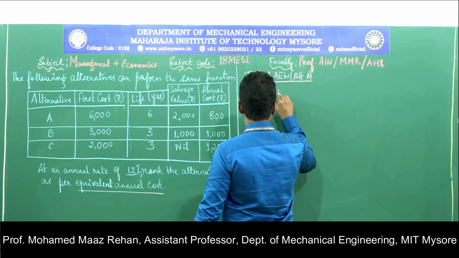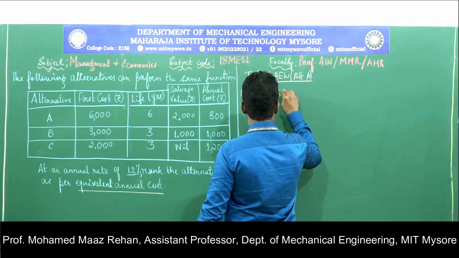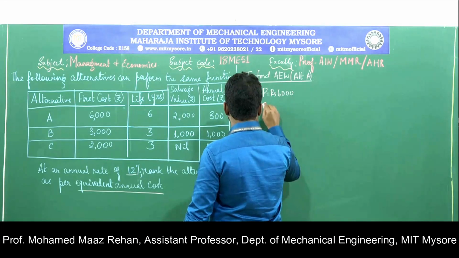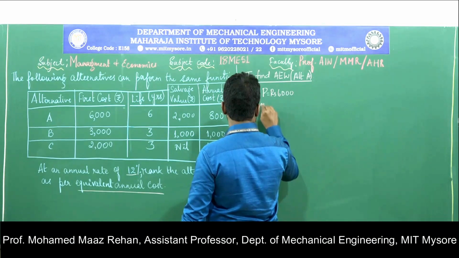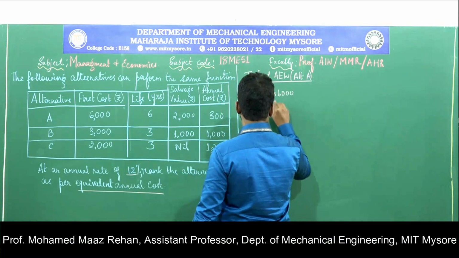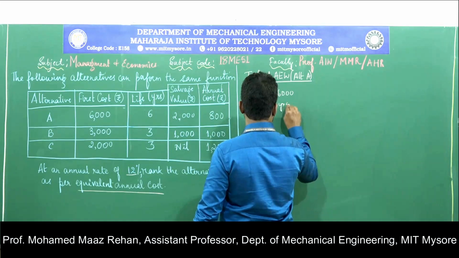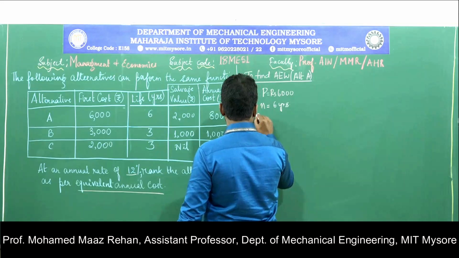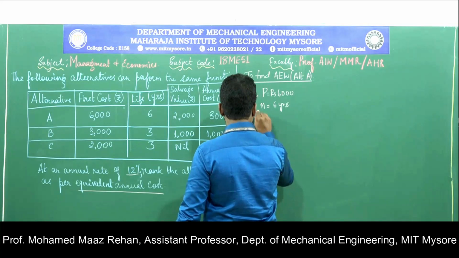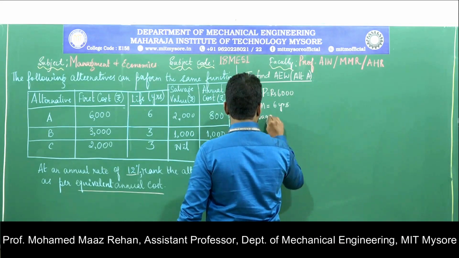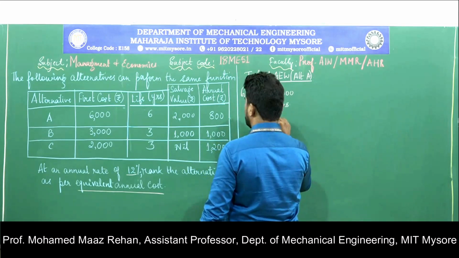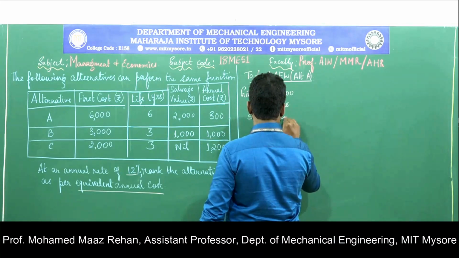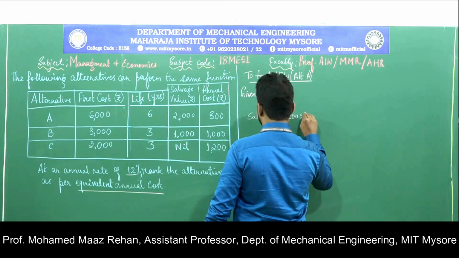Rupees 6,000. Life, that is N, they have given as 6 years. Salvage value they have given, that is nothing but your future value, as rupees 2,000.